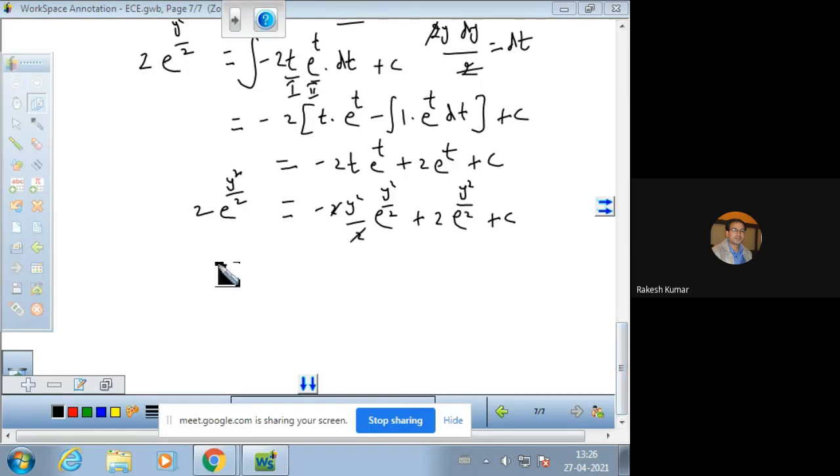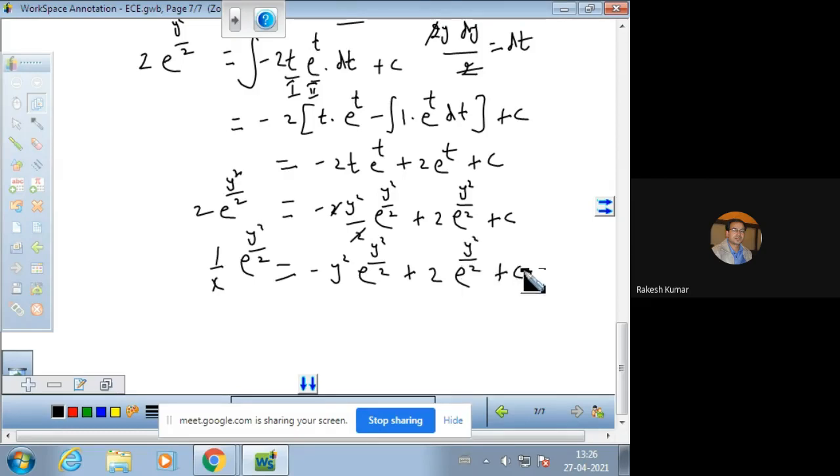So put the value, that is 1 by x e raised to power y square over 2, and this is minus y square e raised to power y square over 2 plus 2 e raised to power y square over 2 plus c.